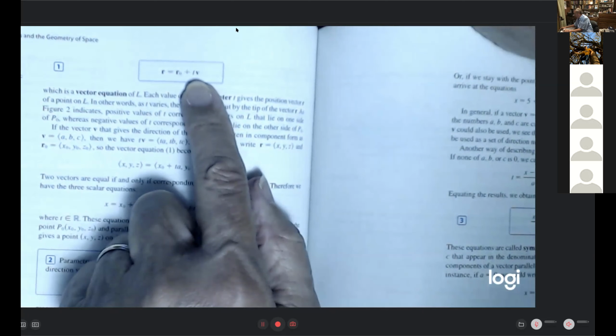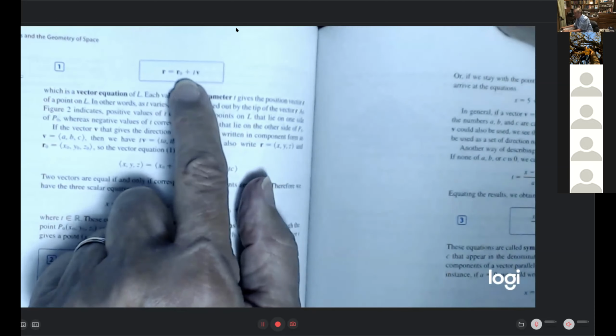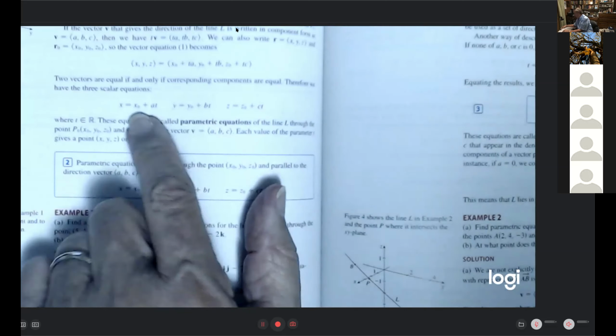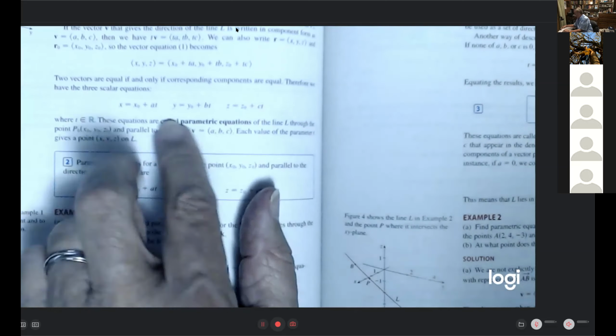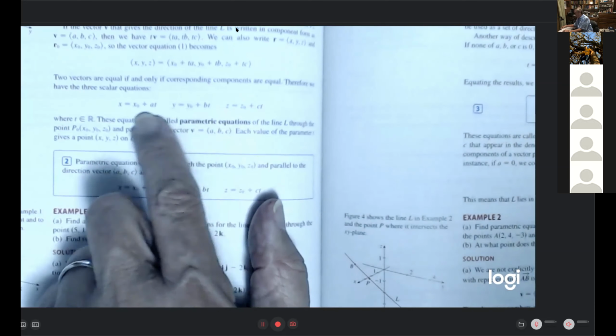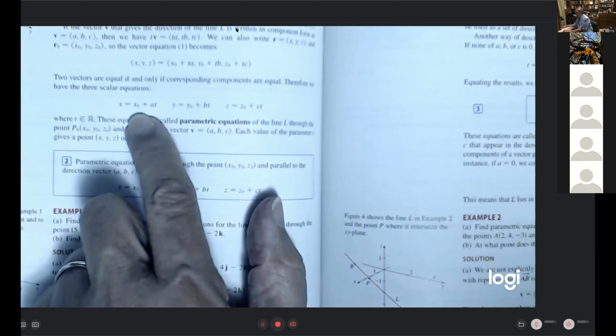We'll be talking about that later. But this r over here is a cover for x, y, z, or in 2 dimensions for x, y. So this is a vector equation, which is 2 scalar equations. And so the author, a little bit further down, writes the scalar equations, in this case 3. So these 3 equations are extracted from the one vector equation.